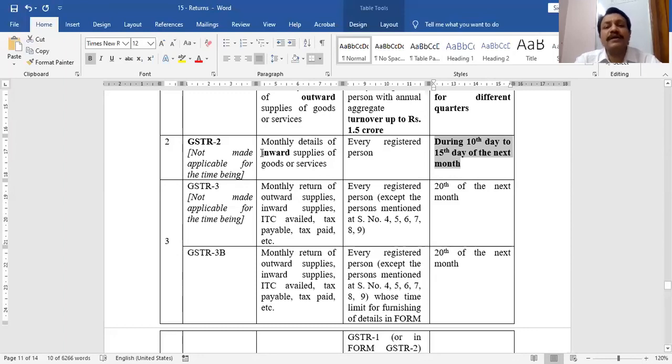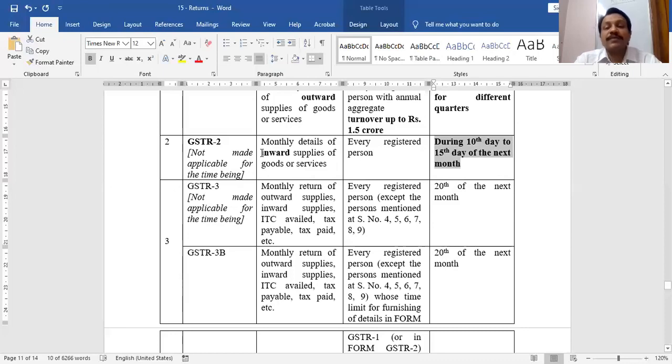The government has not at all notified this GSTR2. So the Act says that you should give your information of inward supply also, but GSTR2 is not yet notified by the Government of India. So in India, till today, there is no GSTR2.